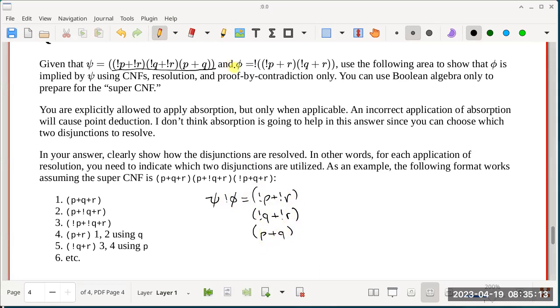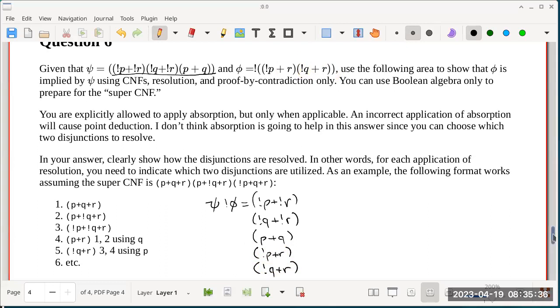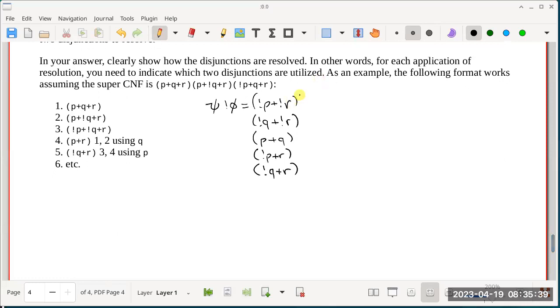And then we have the negation of phi, and because phi is itself a negation of a CNF, when we negate that, we have a double negation in front of a CNF, which means it's just the CNF itself. So now we just copy not P or R, and then we have not Q or R over here.